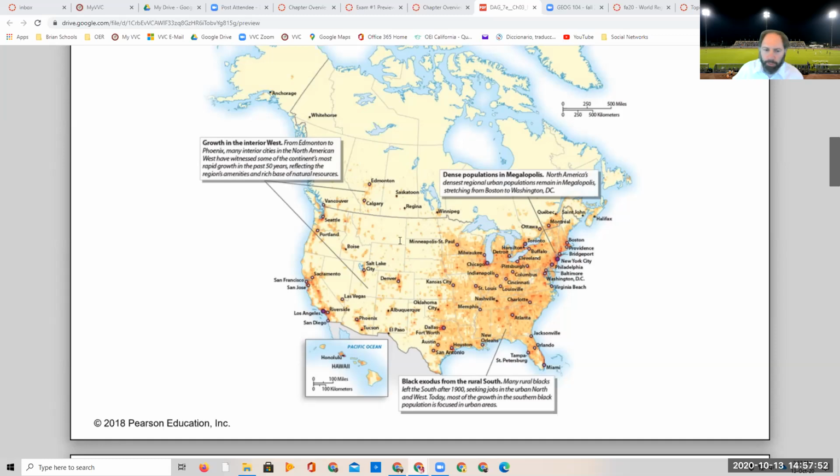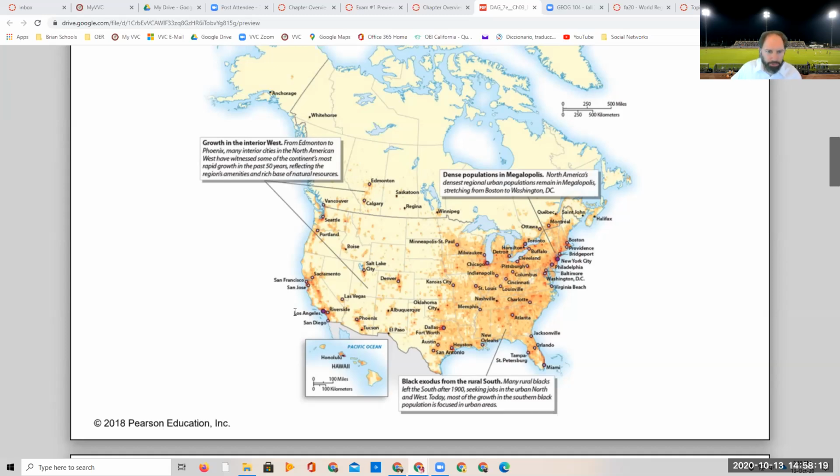Okay, so in the United States and Canada, we see the increasing population of the cities in the West. And here you go, growth in the interior West. From Edmonton down to Phoenix, many interior cities in North America West have witnessed some of the continent's most rapid growth in the last 50 to 60 years.